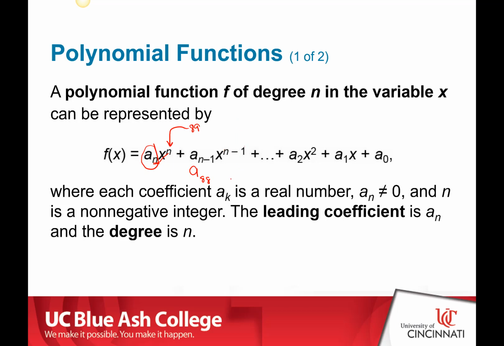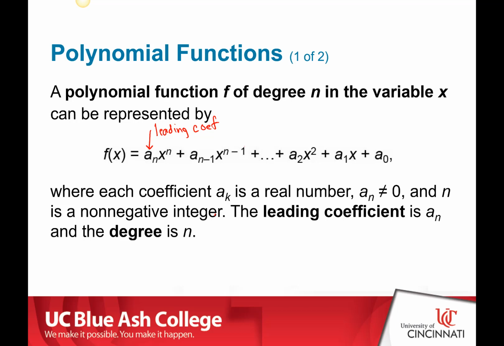There are two things that we can pull off of the first term. One of them is the leading coefficient. The leading coefficient is that value right there. You know, with a quadratic in particular, if it's negative, that means the parabola is opening down.